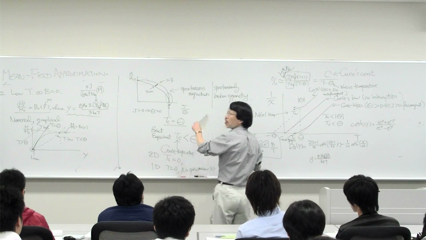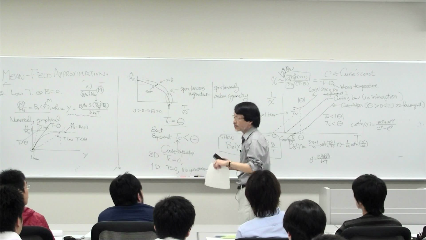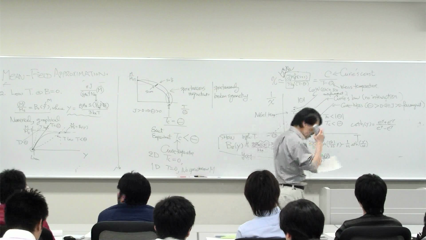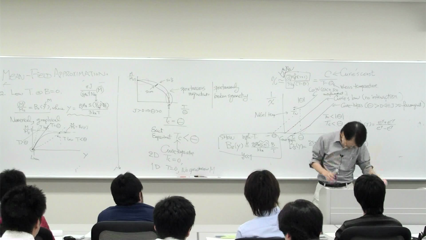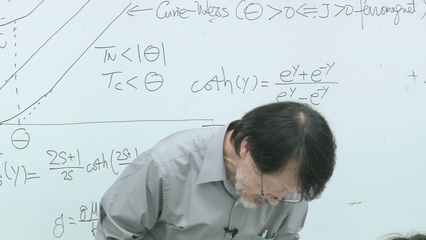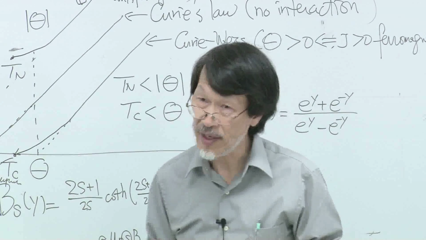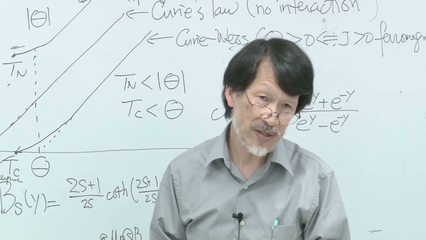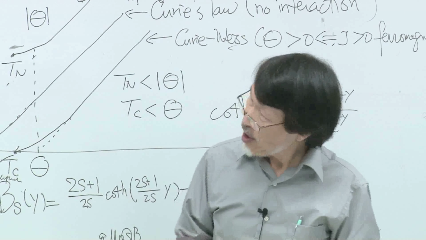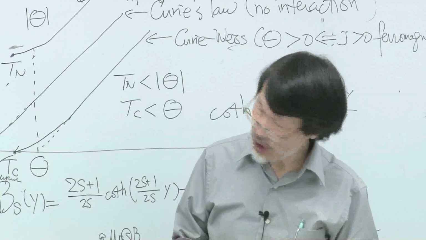Okay. How much time do I have? I have 6 minutes. Okay, so I thought I could talk about the antiferromagnets, but let's postpone that to next week. And I'm going to talk about heat capacity or specific heat, as well as the magnetization of the antiferromagnet when J is negative.